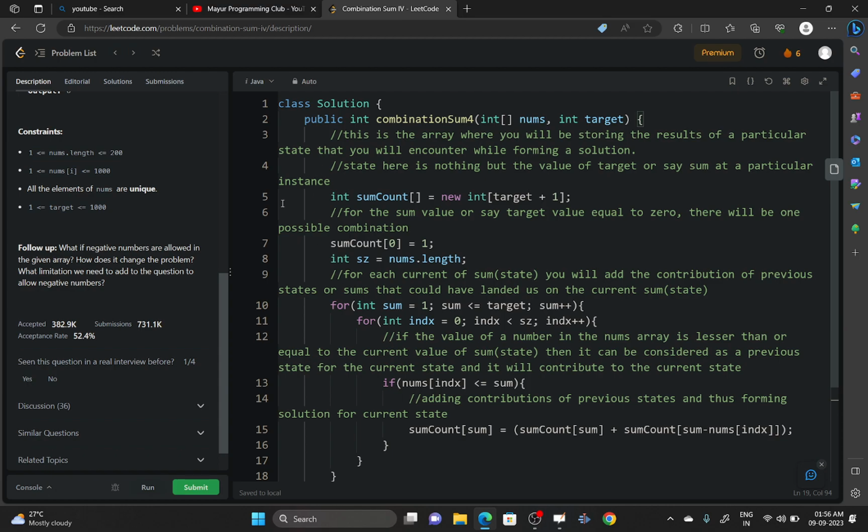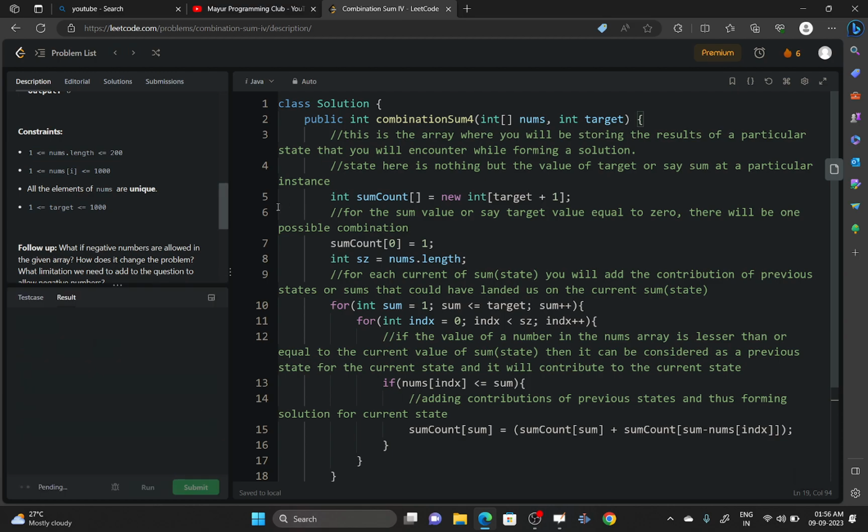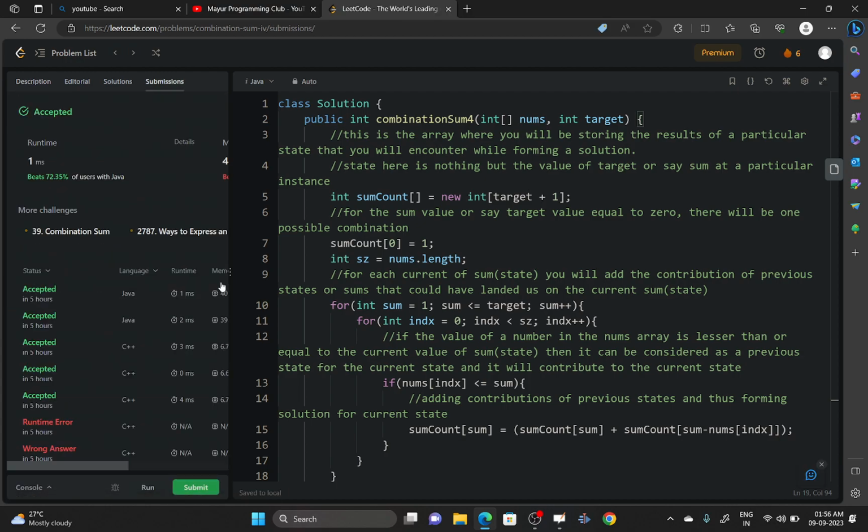So that's pretty much it. The code will be available in both C++ and Java. Let's try to submit it once. As you can see, it's getting accepted.